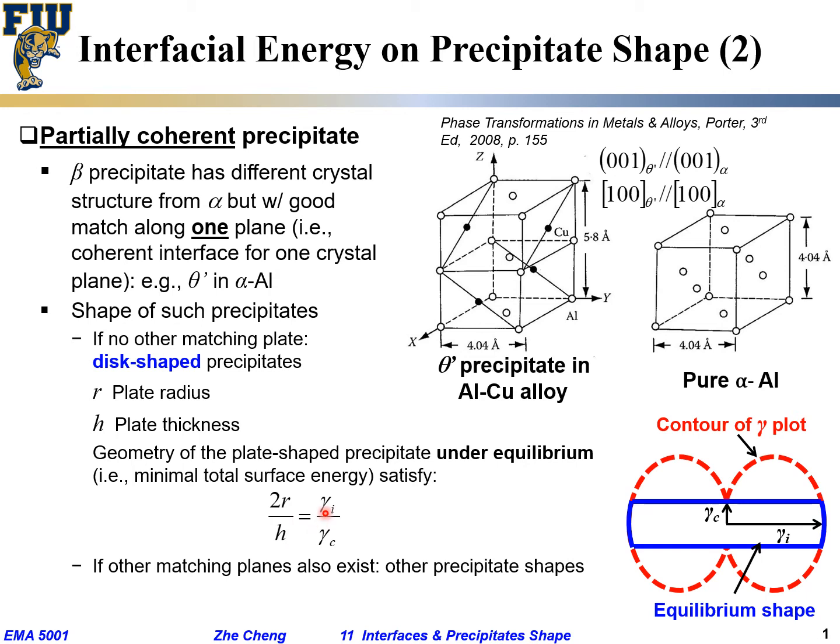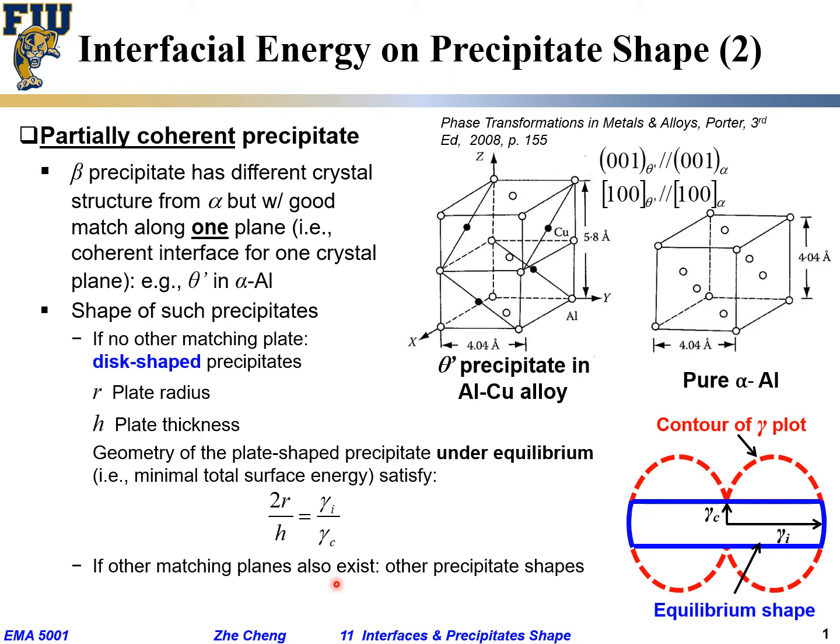Based on this relationship, if gamma I, the incoherent, is much larger than gamma C, the coherent, what would be the geometrical consequence?